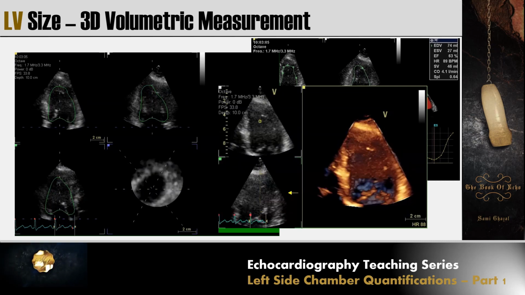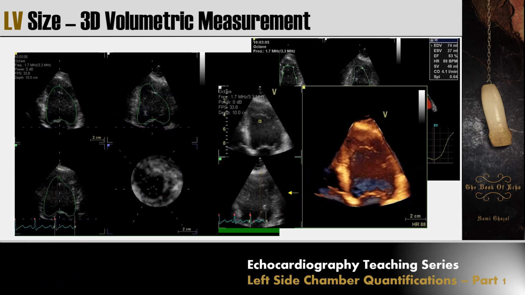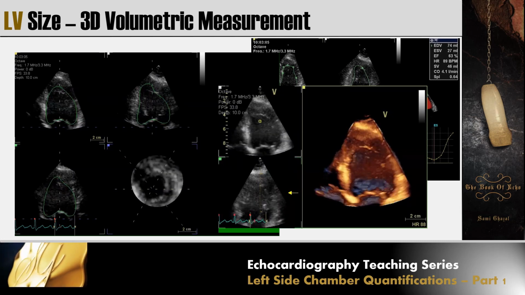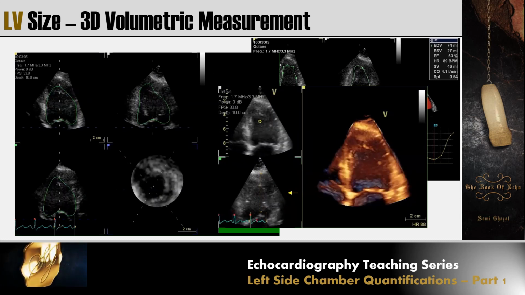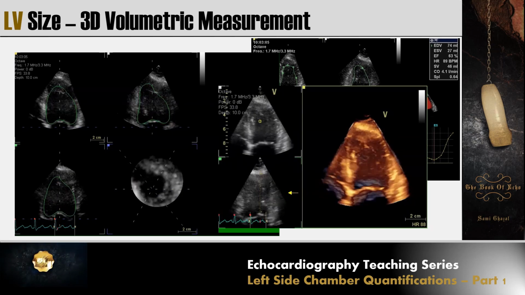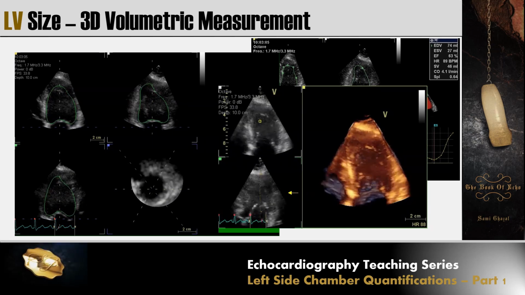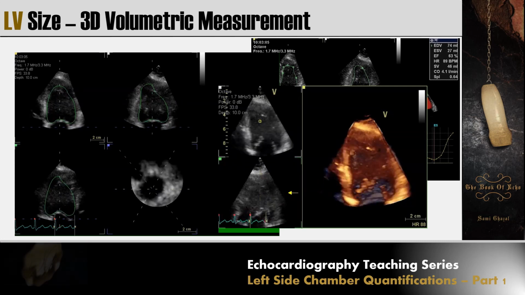The only thing you need is to optimize 2D resolution and temporal resolution, and make sure that before you proceed to your 3D measurement, you have a good 2D. A good 2D image with good borders is a prerequisite to have a good 3D. So if your 2D image is bad to start with, don't waste your time proceeding with 3D.